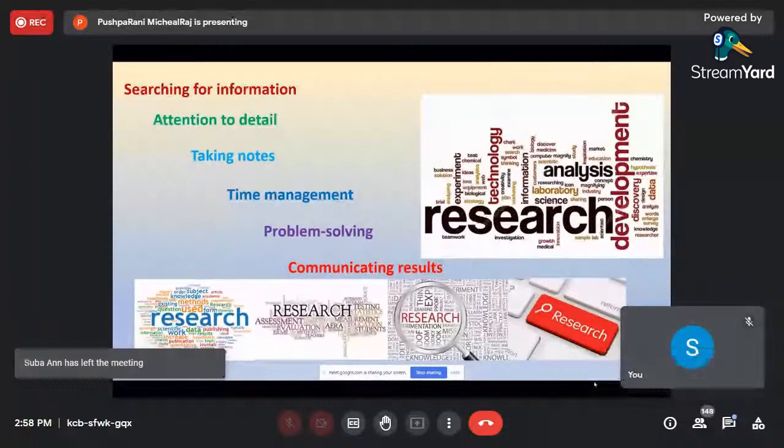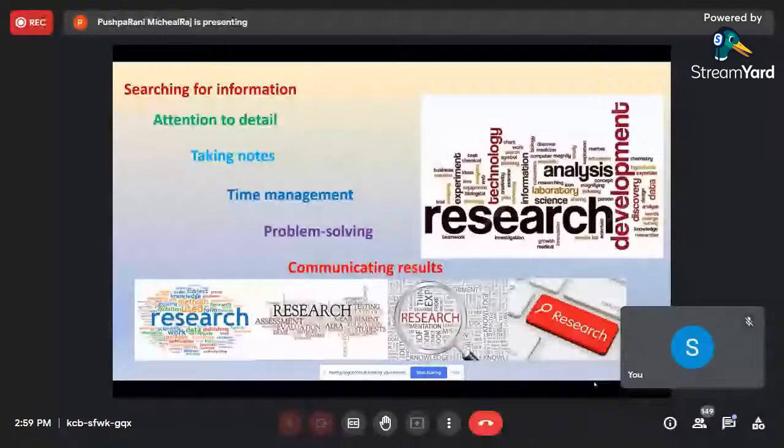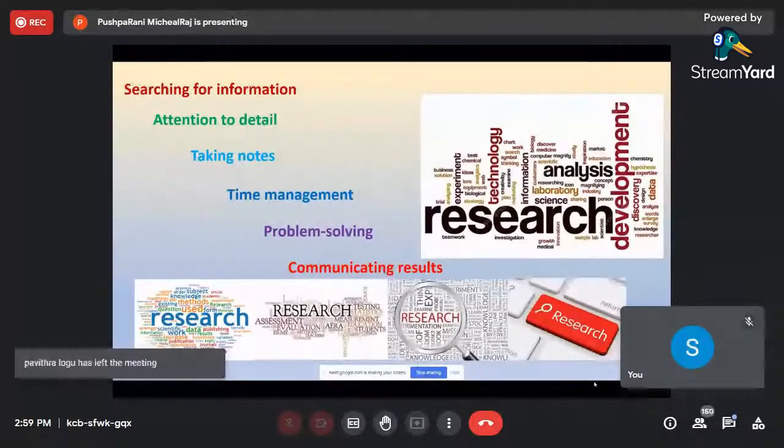In the same way, in every institute and every company, searching for information is very important, and you pay attention to details and take notes. Having the ability to pay close attention to details is often an essential skill in every research. So your job or your research responsibility that you follow always leads, and you must pay attention to particular details in order to assist your main question.